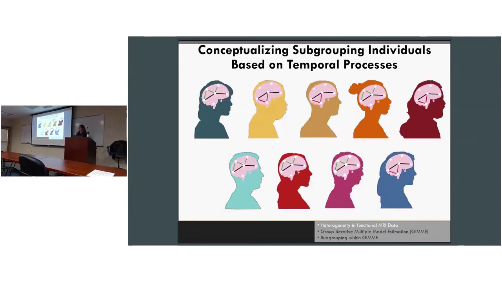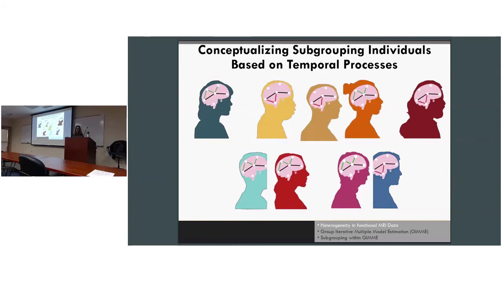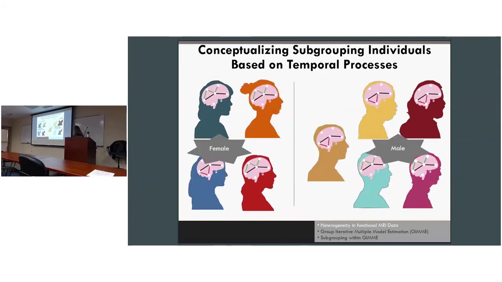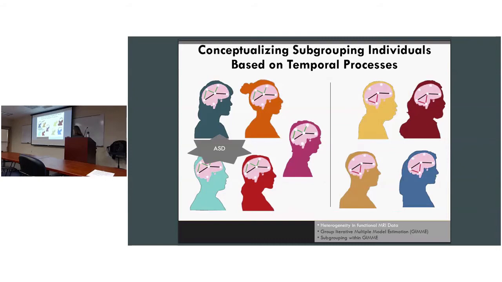This is what I mean in pictures. So here we have two different types of brain processes. These have the red lines going under, and these have green lines going above. And how we typically do research is we will categorize them based on some arbitrary dimension, female, male, or ADHD, typically developing controls. So what I'm proposing is to organize people based on their brain processes.